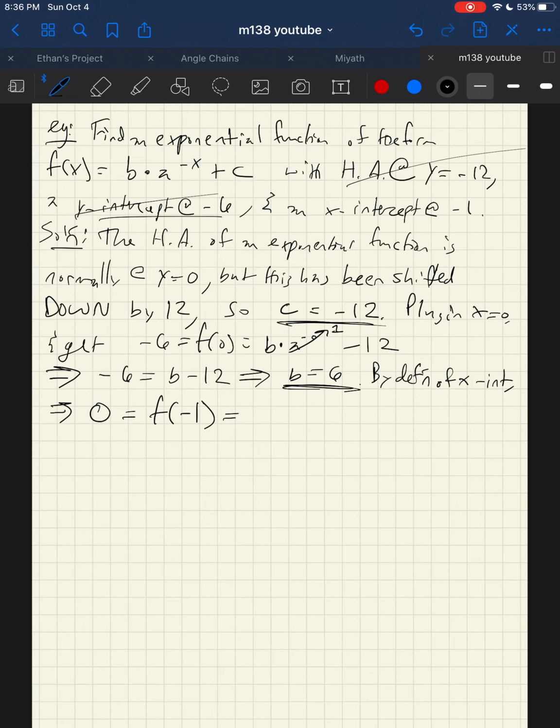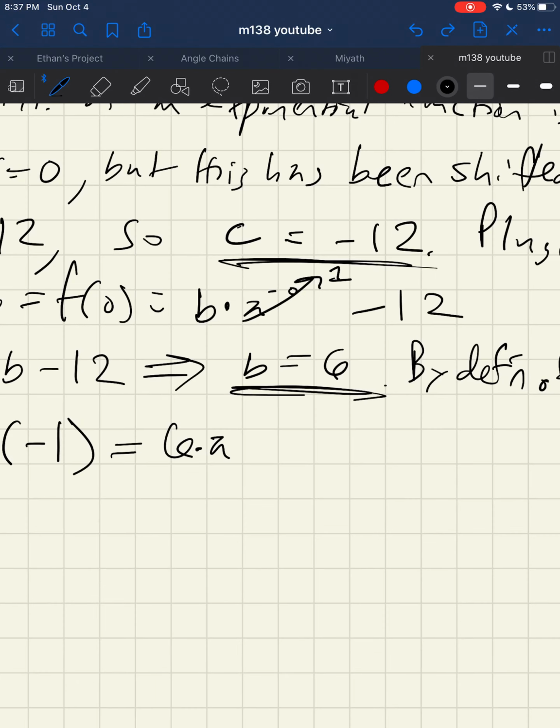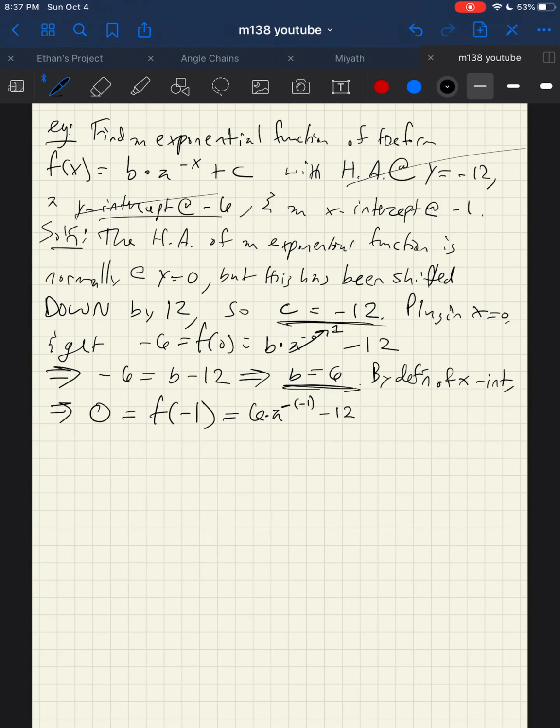It's f of negative 1. And now I can plug that into my function, 6 times a raised to the power negative, and then I plug in my x value, which is negative 1, minus 12, so there's my c.